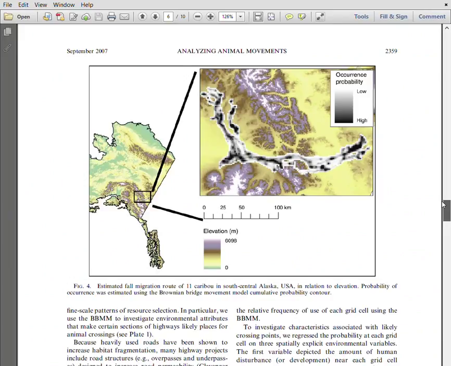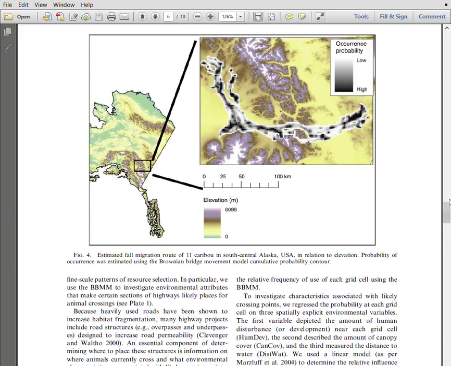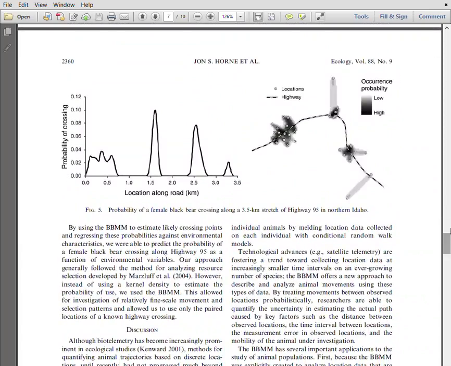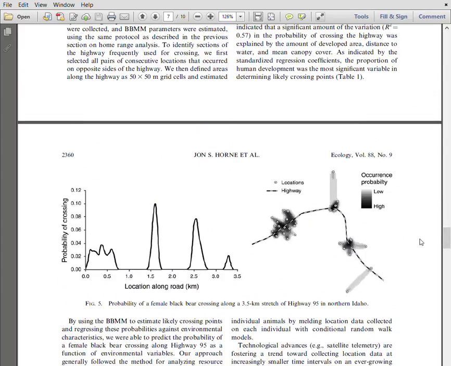They also demonstrate a use of this in terms of black bears crossing the road. So one benefit of using Brownian bridge motion model is that you can take 2 points that occur right after each other, or in any amount of time that's different between them, and create a probability density around just those 2 points at a time.